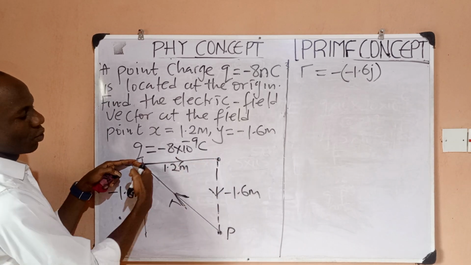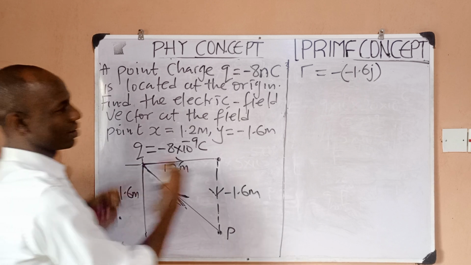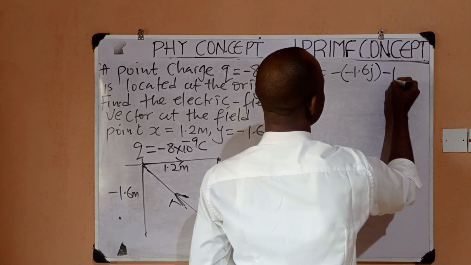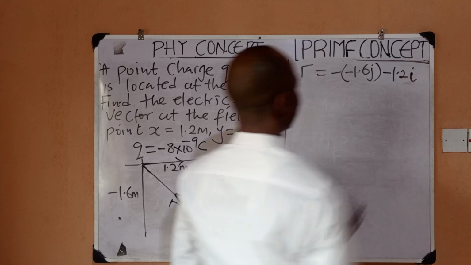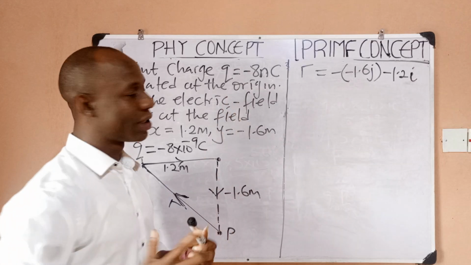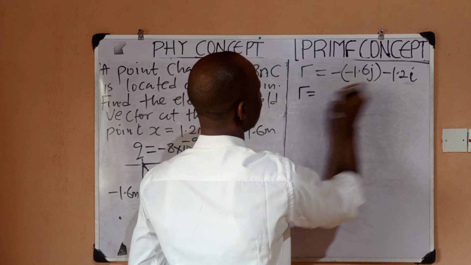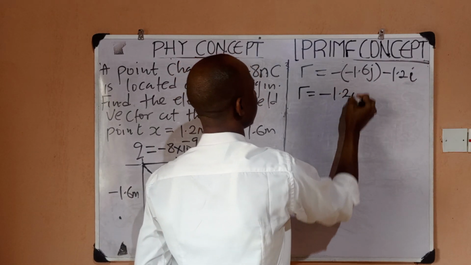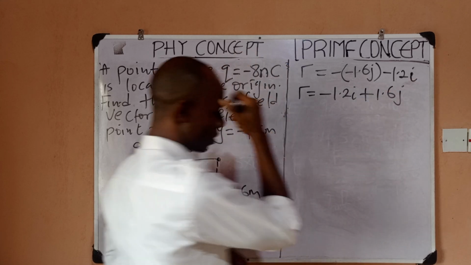You are moving against this arrow, so it's still going to be negative, so you have negative 1.2 I. If you rearrange this in a standard way, your R is negative 1.2 I plus 1.6 J. So this is our R.